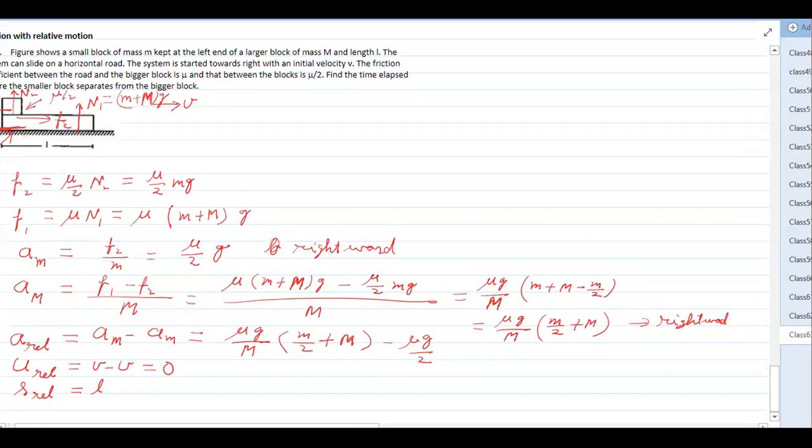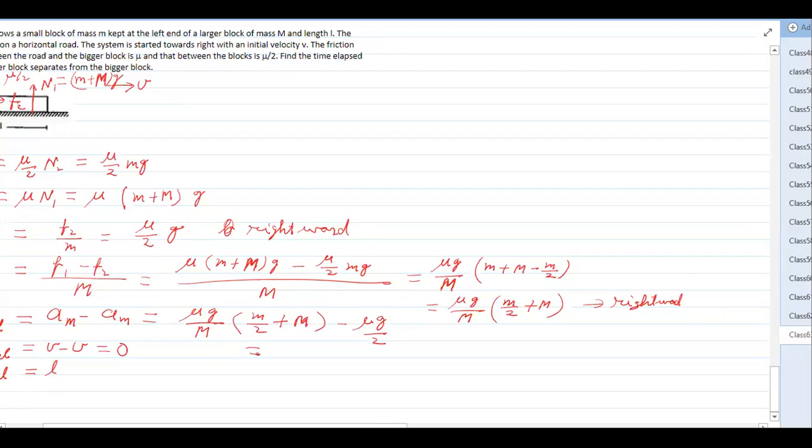So this much we have to do. If we solve it, we get mu g times (m by 2 capital M plus 1 minus half), which is mu g times (m by 2 capital M plus half). So this is the relative acceleration of the objects.